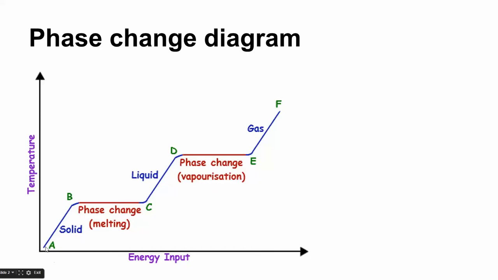If we start at point A, there's not a lot of energy and it's fairly low temperature. As we put more energy in, the temperature is going to rise. But then we get to this point where we continue to put energy in, but the temperature doesn't go up. We're going to talk about why that is as we go through.